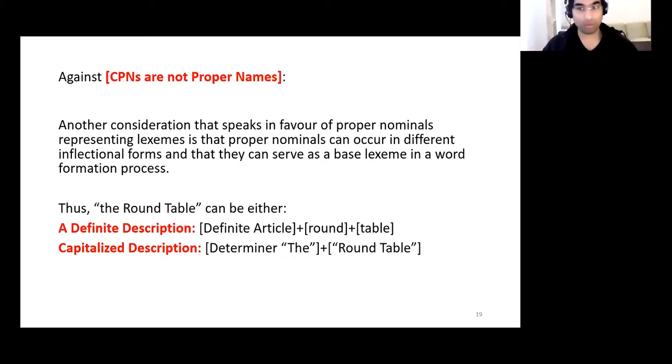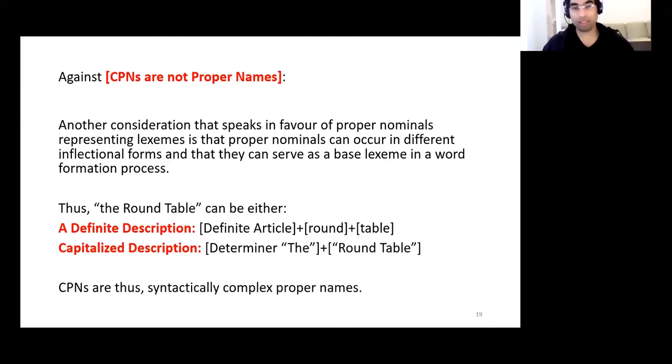And this proper nominal has its own meaning, which is not derived from the meaning of its constituents. And so we can maintain a principled distinction between definite descriptions and capitalized descriptions by taking note of the fact that proper nominals are lexemes. I conclude my argument here.